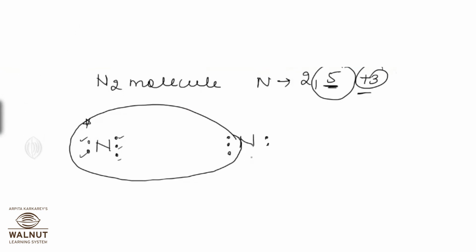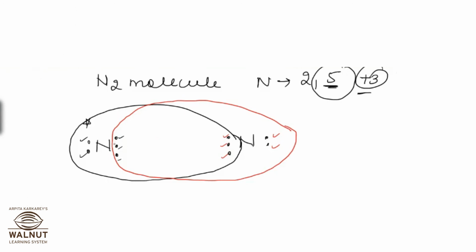What about the other nitrogen? It also has 1, 2, 3, 4, 5. It also needs 3 more electrons to become stable. Now tell me, is it stable? Yes. Now each and every nitrogen has 8 electrons in the shell, and this is how the sharing of bond takes place. Between 2 electrons, 1 bond formation takes place.